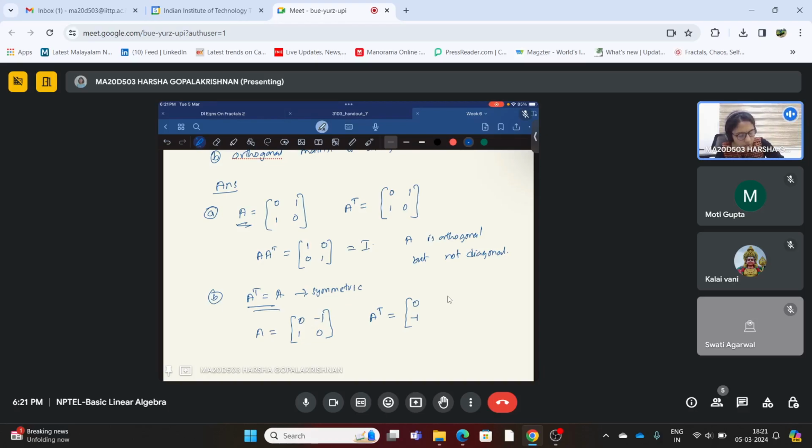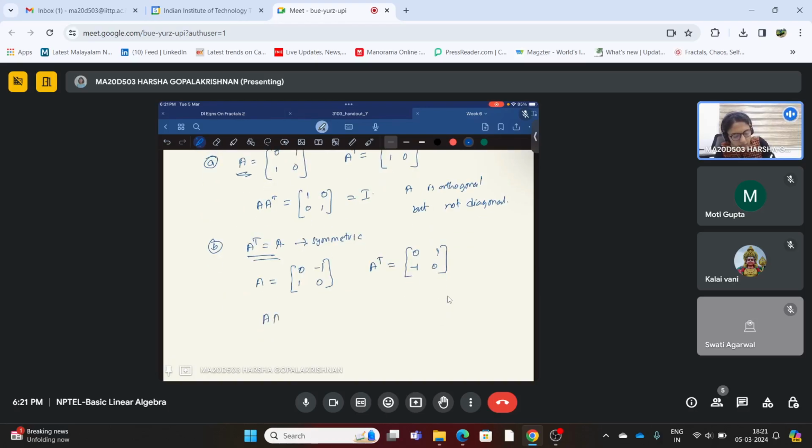So A transpose is 0, 1, minus 1, 0. Now, what is A into A transpose? Again, A into A transpose is identity, but A is not equal to A transpose. That means A is an orthogonal matrix, but it is not symmetric.